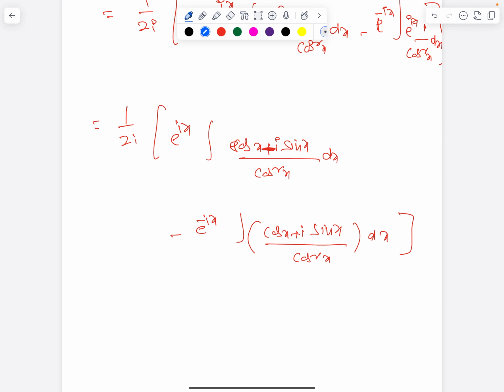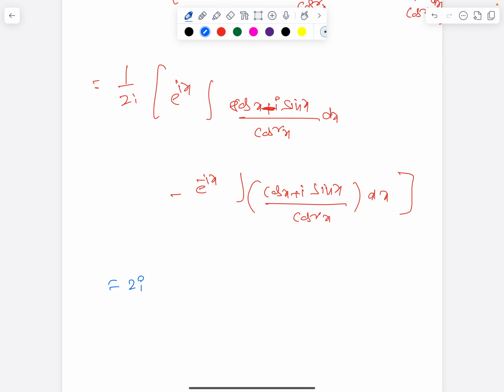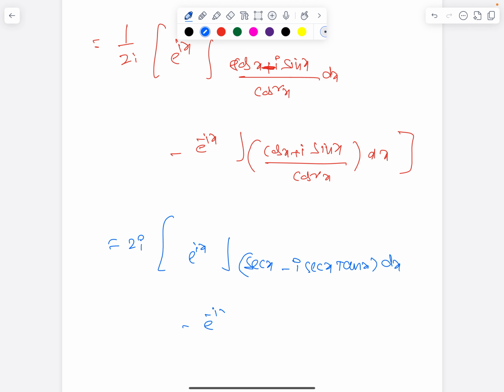There will be cos x by cos square x, that leads to secant x, and then another term is sin x by cos x, that is tan x, and then 1 by cos x is there, that is secant x. So if you simplify, you will be getting e power ix into integration of secant x minus i secant x tan x dx, and the other part is minus e power minus ix into integration of secant x plus i secant x tan x dx.